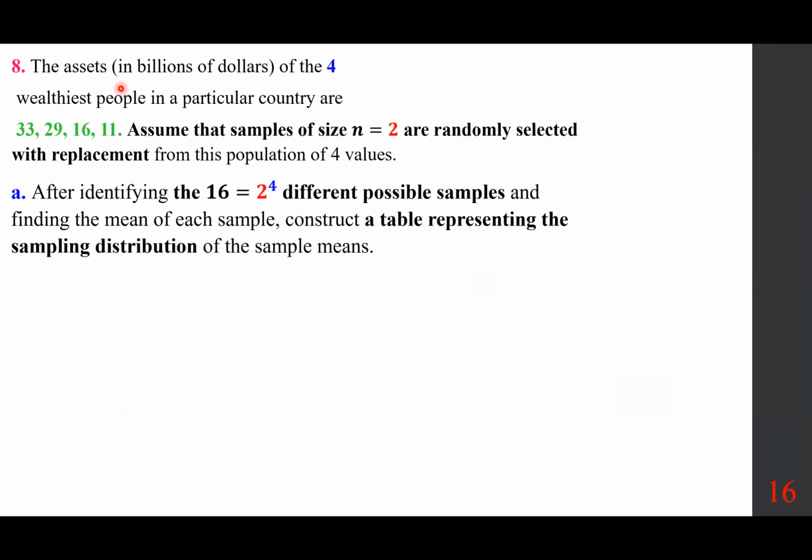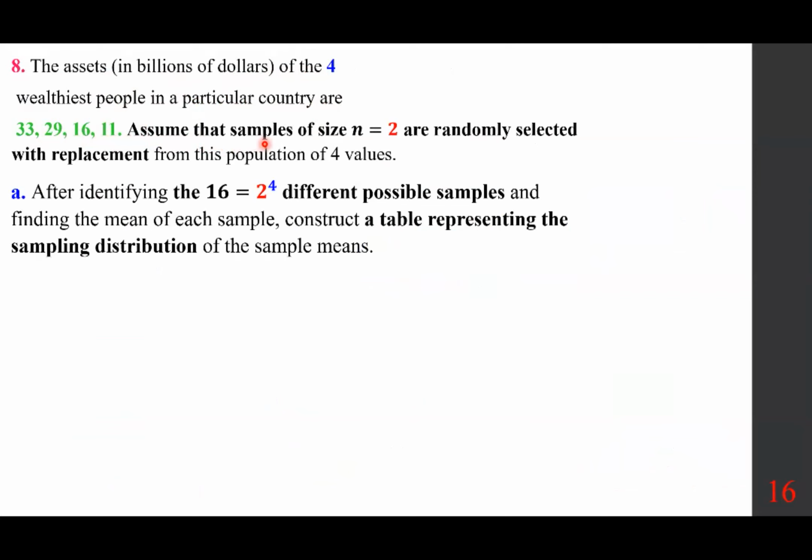Could somebody read this question, please? The assets in billions of dollars of the 4 wealthiest people in a particular country are 33, 29, 16, and 11.